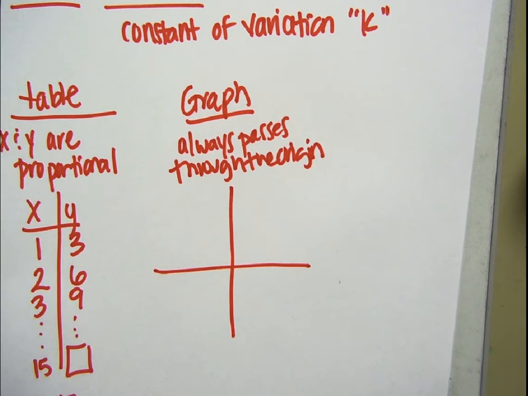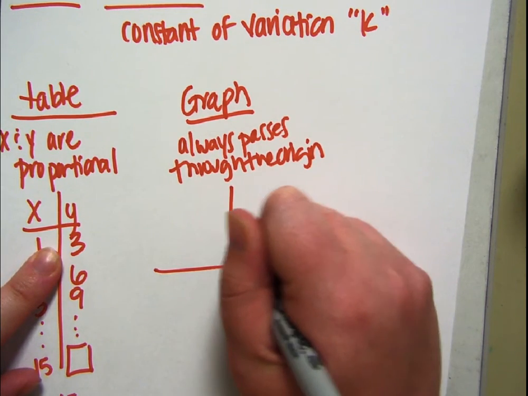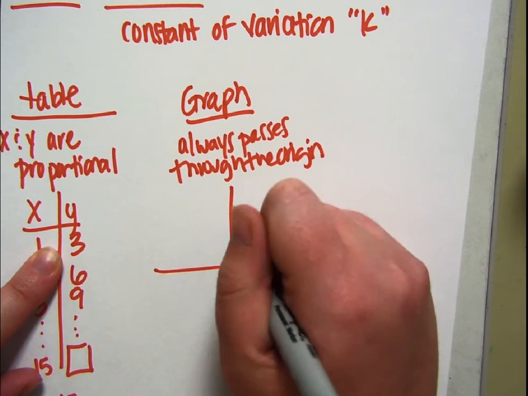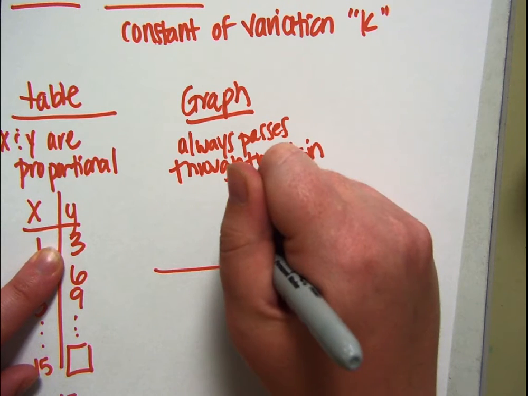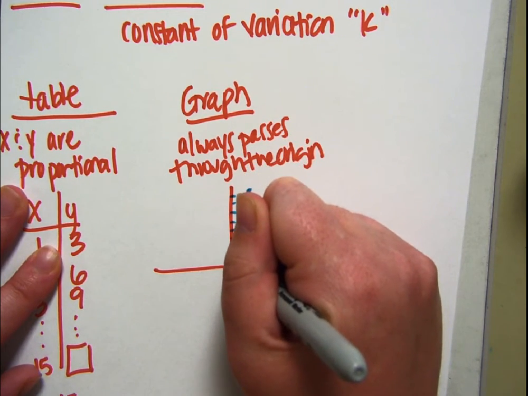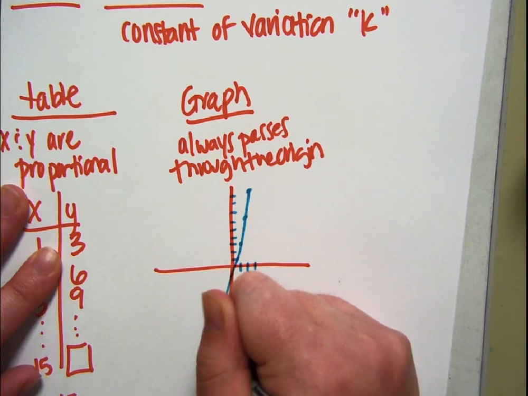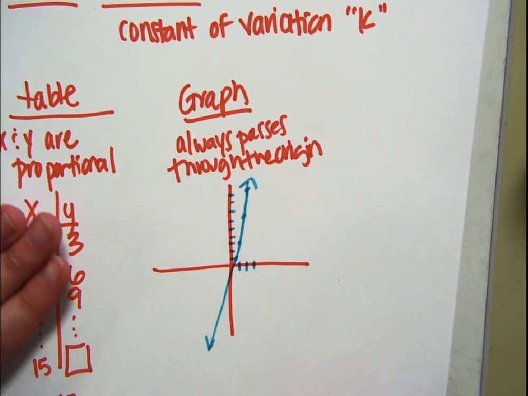But if we were to plot the ordered pairs from our table, we have (1, 3), (2, 6), (3, 9), and so forth. So it's going to be a pretty steep line, but it will always pass through the origin if it really is a direct variation.